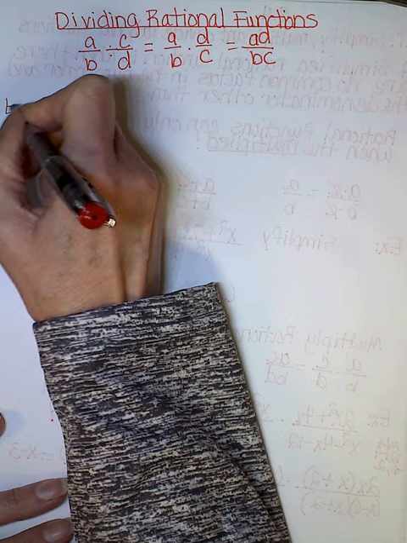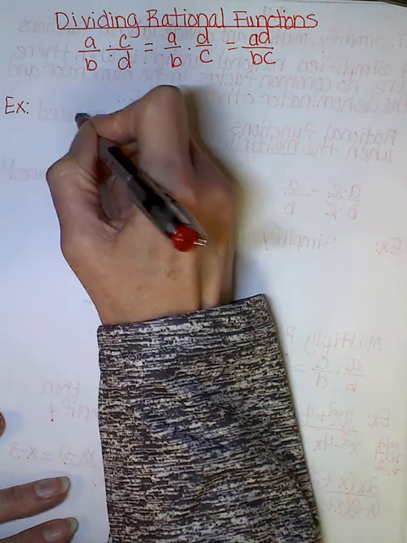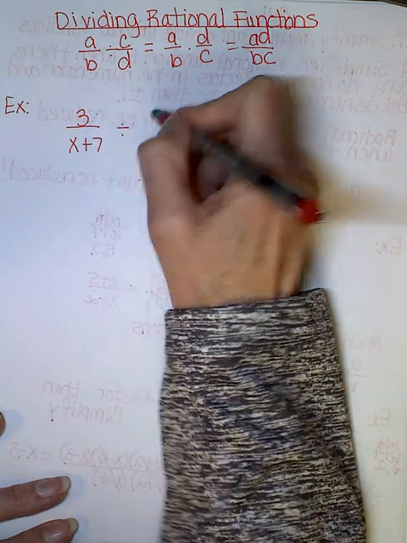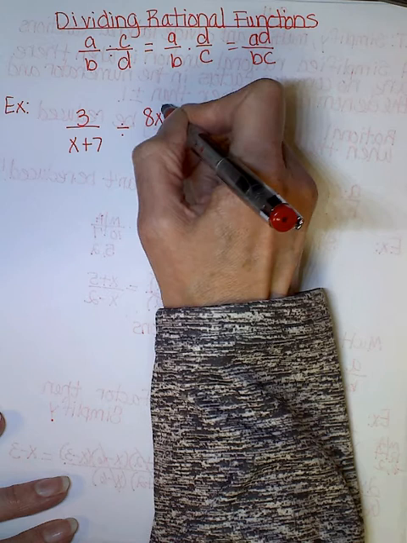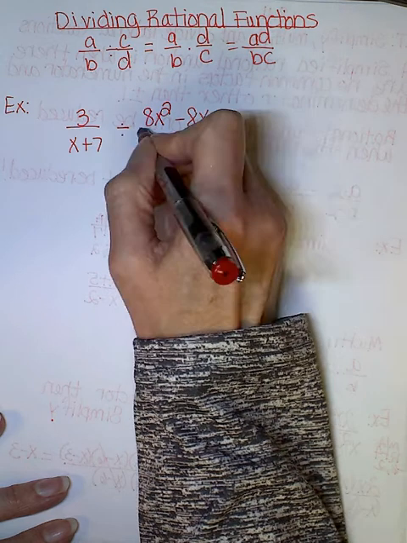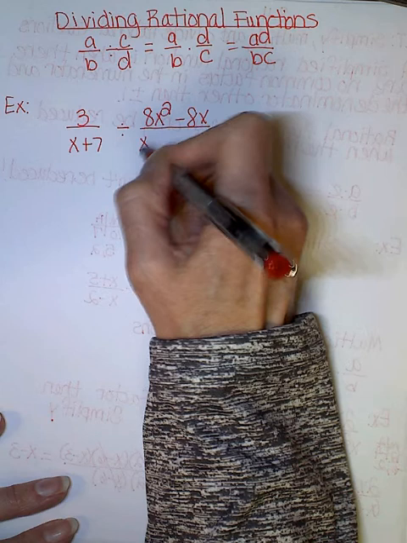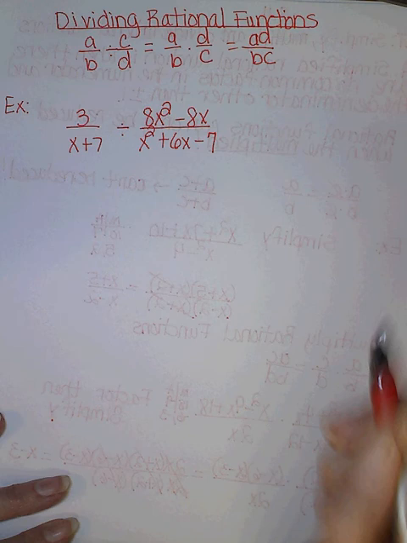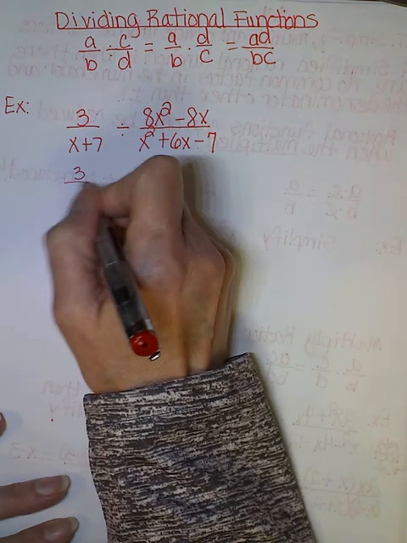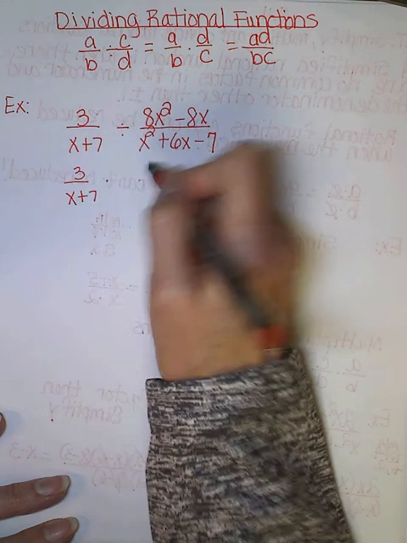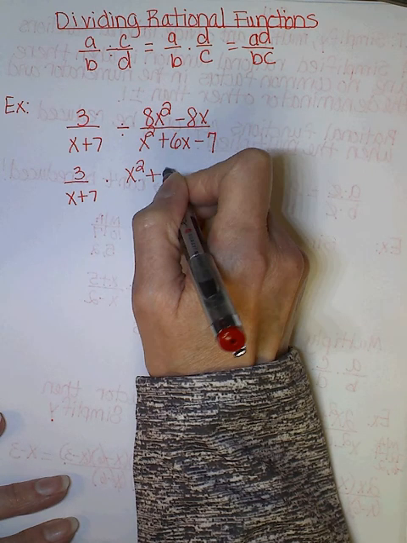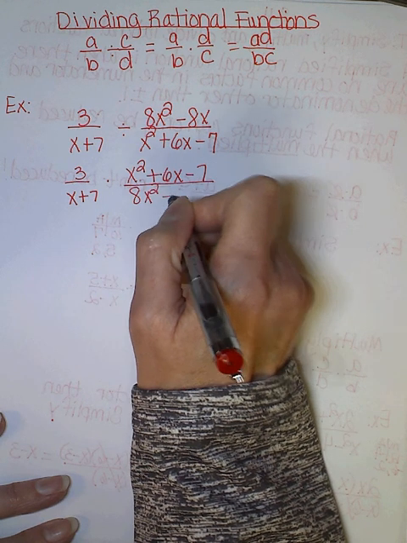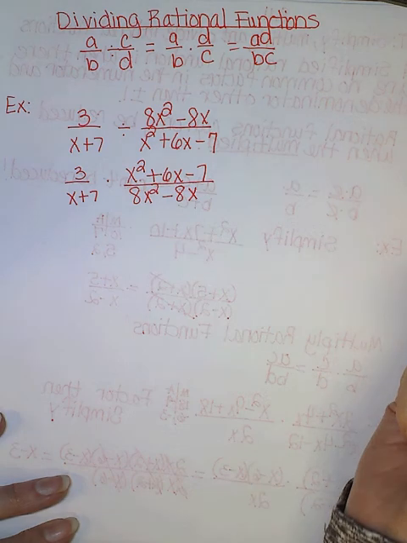Alright, so let's look at an example of dividing rational functions. So I've got this one. Alright, so first thing you're going to do is change it to a multiplication problem. And you're going to flip the second one, multiplying by the reciprocal. Then you're going to factor everything.